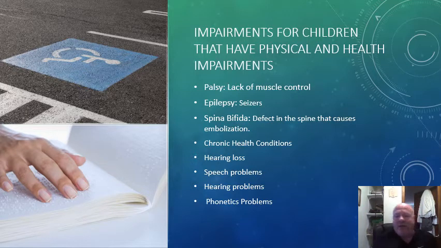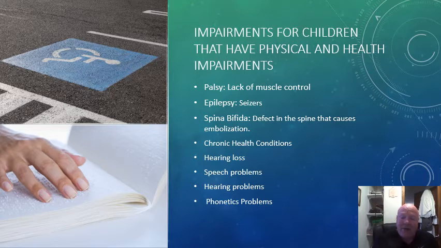And if we think about serious impairments, spina bifida, epilepsy, these are things that we encounter.